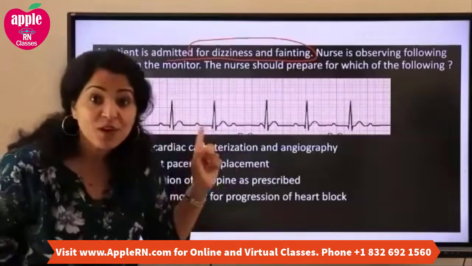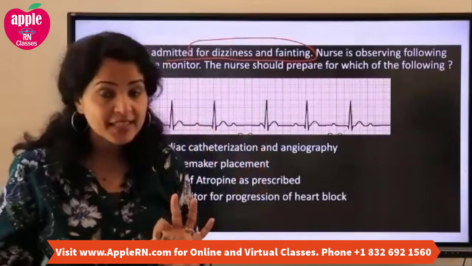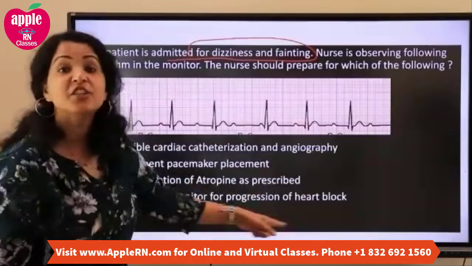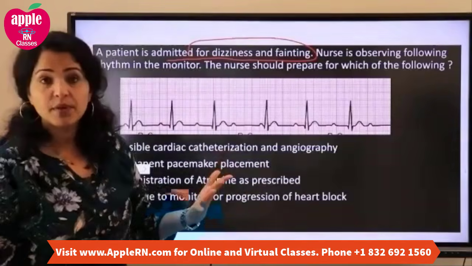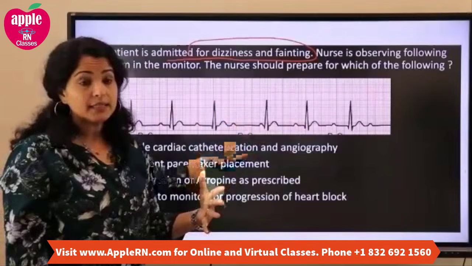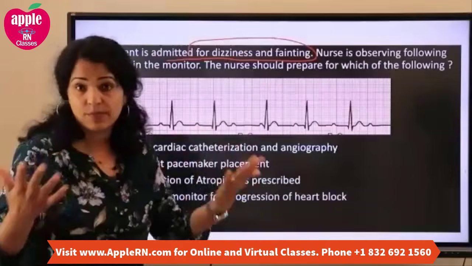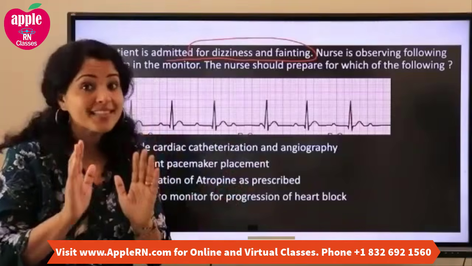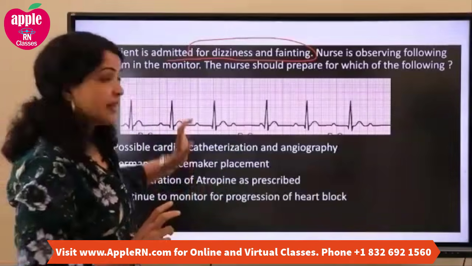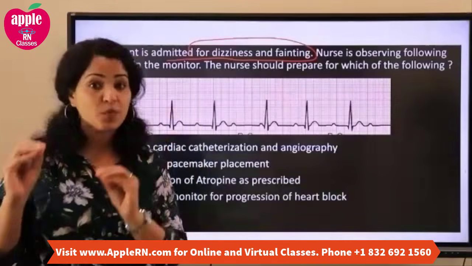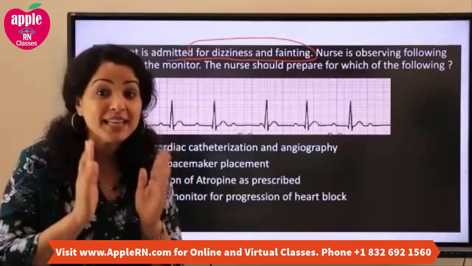If that was not there in the question, I would have selected maybe number 4, continue to watch. Because that means there is second degree type 1, but it doesn't say that the patient is having any problem. It's like asymptomatic, right? So I understand what you are thinking, but in this question, it clearly says that the patient is experiencing an issue.